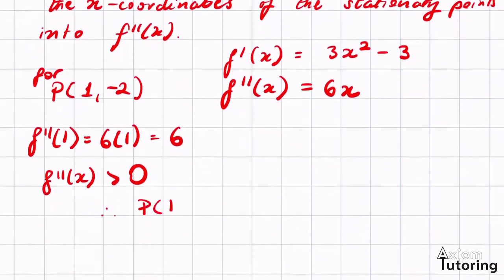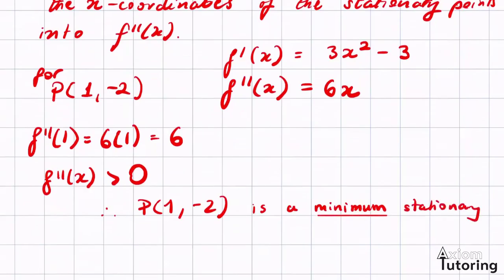Therefore, we can say P, which is the point (1, minus 2), is a minimum stationary point. And if you have a look back at previous videos, you should have the notes to determine this.